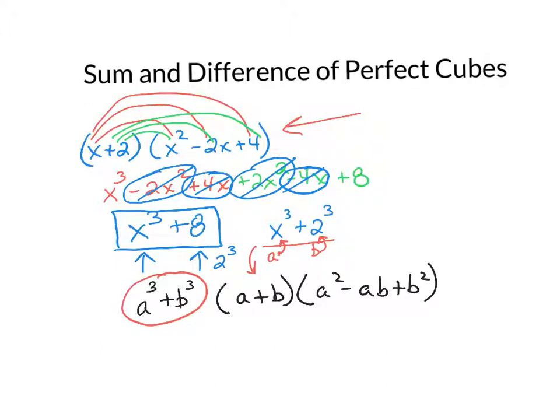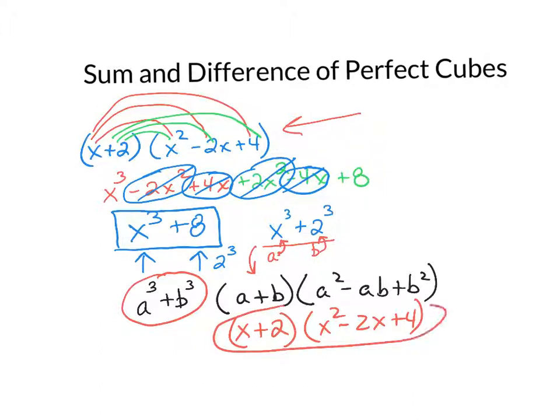If a is equal to x and b is equal to 2, I'm going to have x plus 2, because that is my a and b, and then x squared, because a is equal to x, minus 2x, with the a and the b, plus 4, because b is equal to 2.